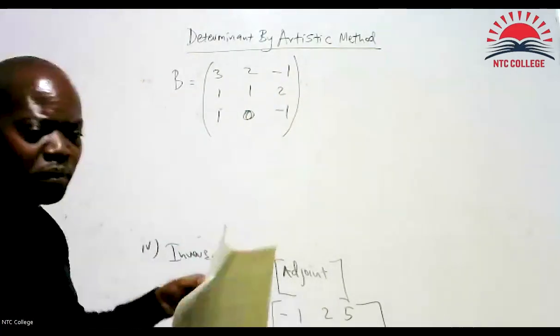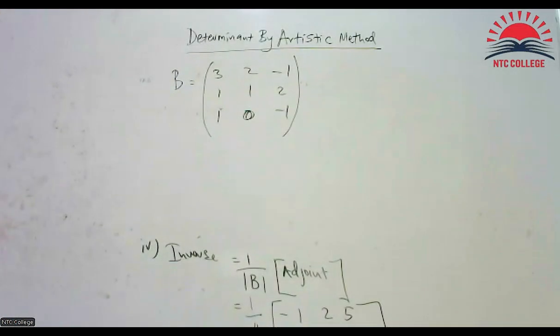Remember, this is just a point to note in finding the determinant. And I want to leave it optional. It is not mandatory. I will want to make it optional for you, whether you will find it easier to use or not.